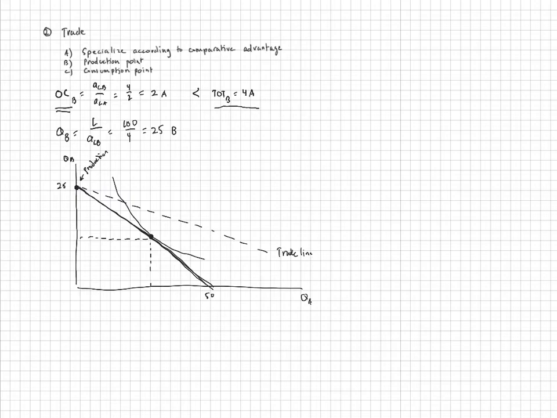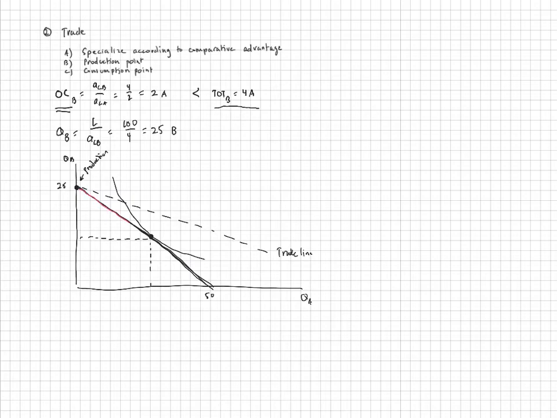And there will be some point on this trade line that maximizes this country's utility. And of course, you can see that already the trade line is outside of the PPF here.